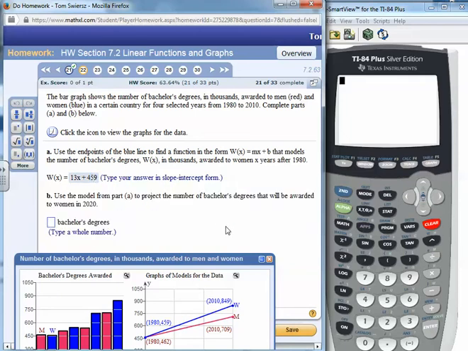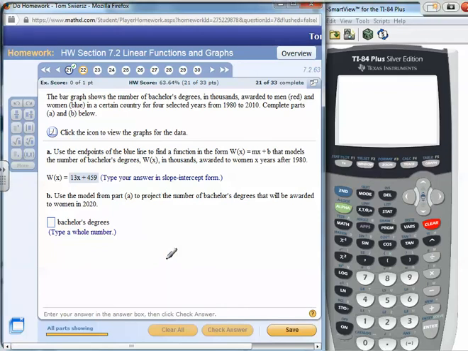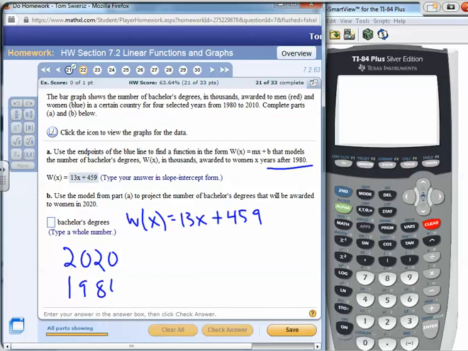Use the model from Part A to project the number of bachelor's degrees that will be awarded in 2020. Now, in 2020, x is the number of years after 1980, right? So W(x) equals 13x plus 459. 2020 minus 1980 is 40.